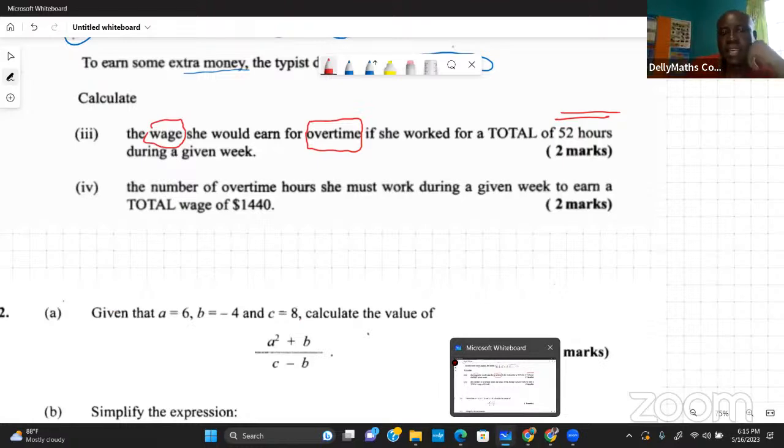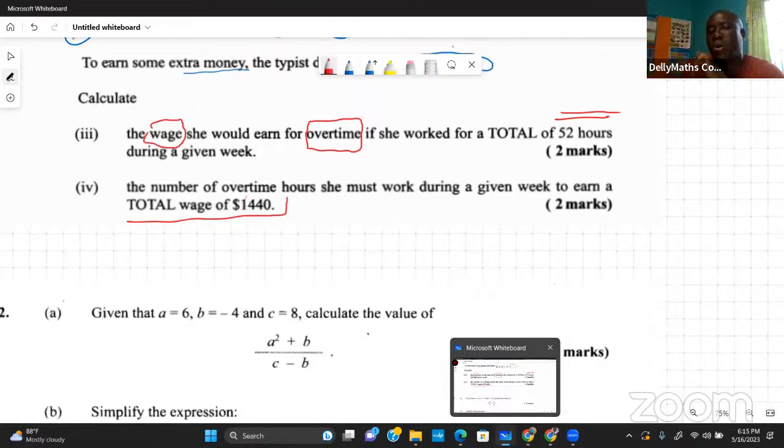All right, good. It says the number of overtime hours she must work during a given week to earn a total wage of this. So now the question switches. The question is saying that we want to know the hours that she needs to work to earn this amount. So there are a number of things that you can do here.